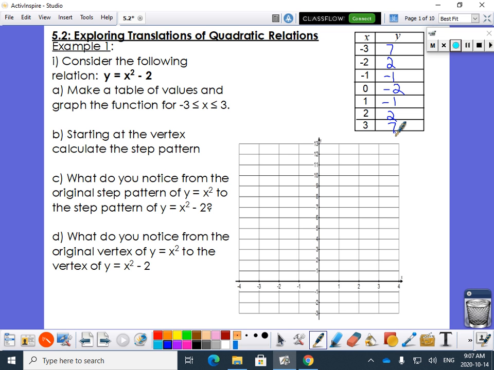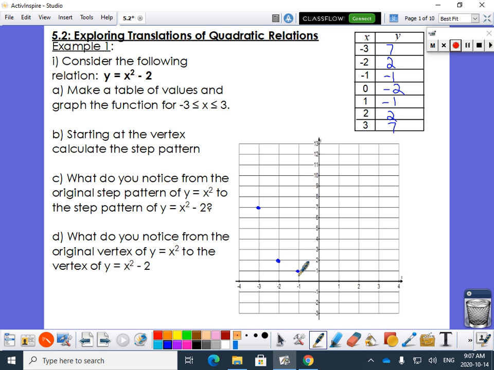Starting at the vertex, calculate the step pattern. Okay, so first we're going to plot the points. So you guys can do this as well. Negative 3 and 7. Negative 2 and 2.